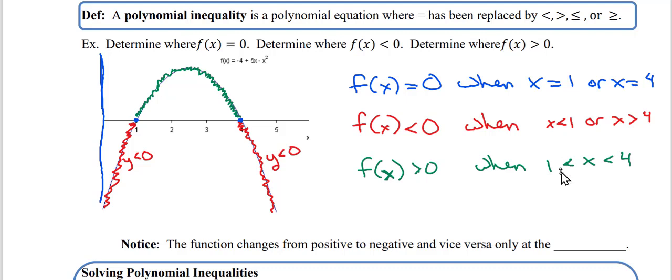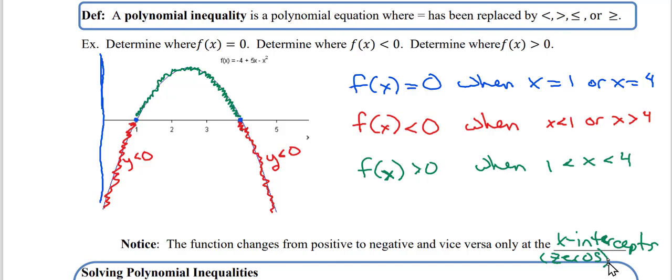I wanted to look at that picture to help us motivate how we solve a polynomial inequality. Notice that this function only changes from positive to negative, or from negative to positive, from red to green, or from green to red, at the x-intercepts, or the zeros of the function, right?